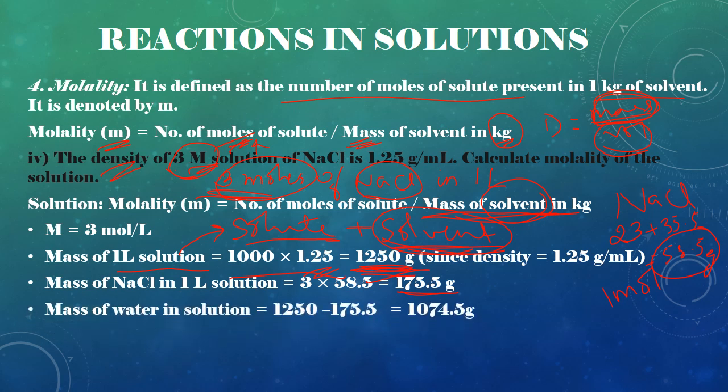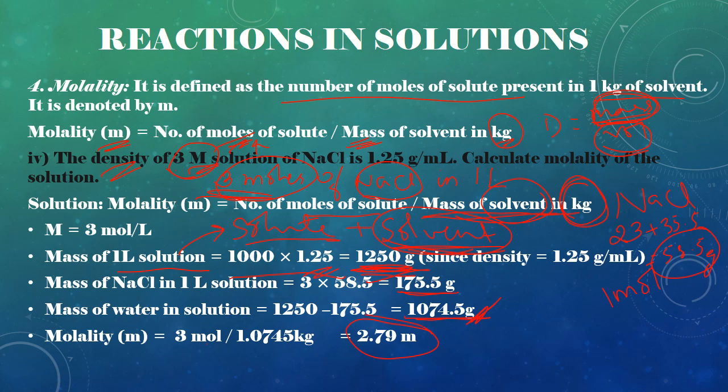That is 1074.5 grams. But we don't want grams, we want it in kilograms. So the numerator, number of moles of solute, is 3, divided by 1.0745 kg. So molality of the solution is 2.79. One thing to note here, molality does not change with temperature.